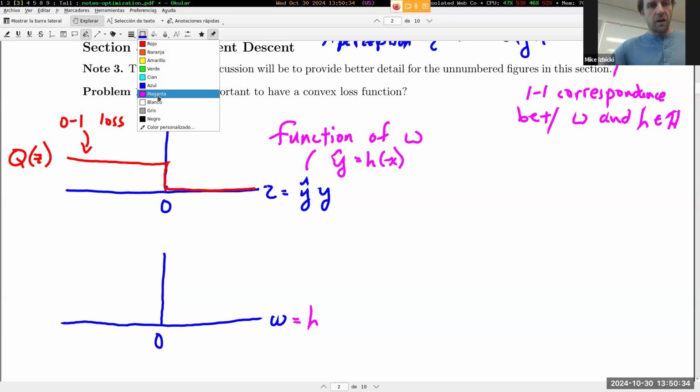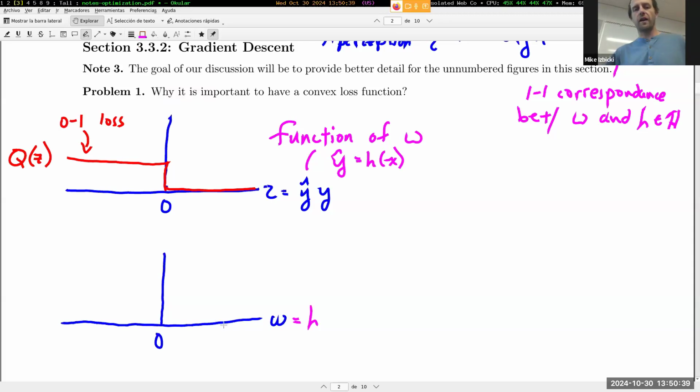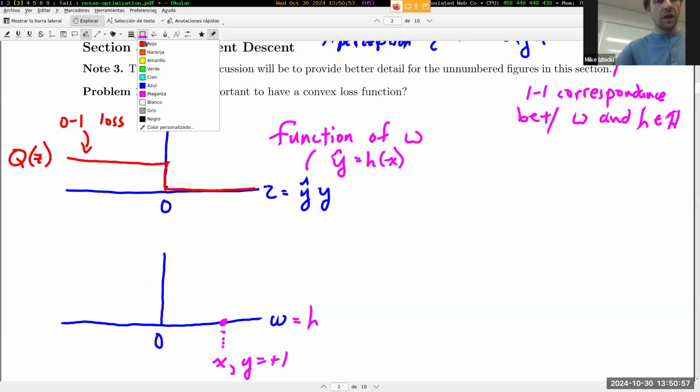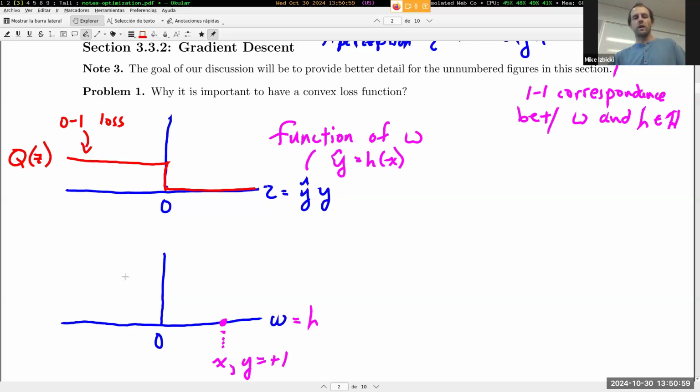And when we plot on the axis just of w like this, what we have to consider is the x point as well, the data point. Say we have an x right here, and the corresponding y value is equal to +1. When we do that, our 0-1 loss now gets shifted over and looks something like this.